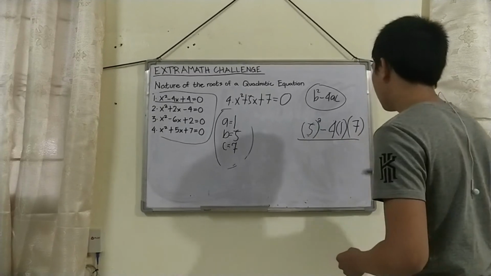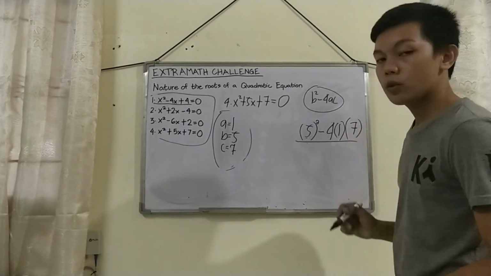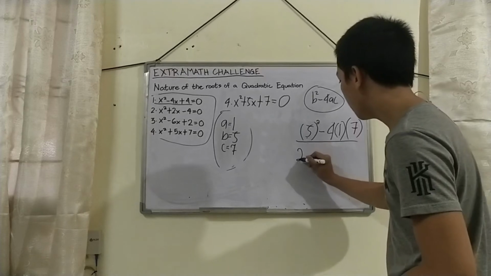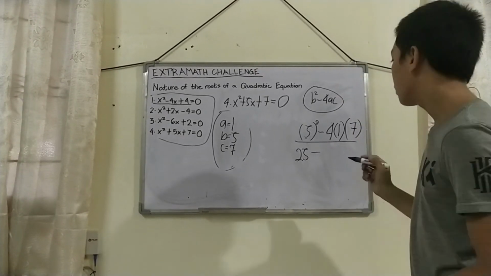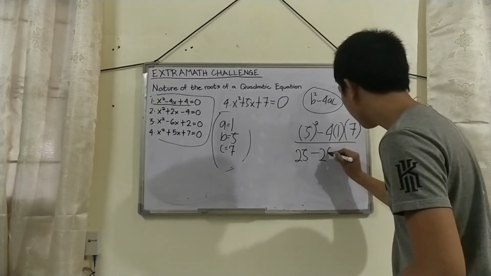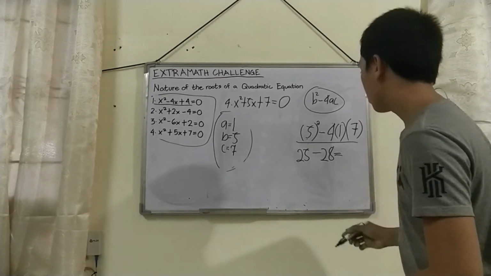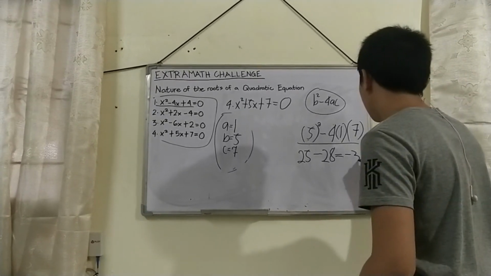So we solve this expression. 5 times 5, or 5 squared, is equal to 25, minus 4 times 1 times 7 is equal to 28. So 25 minus 28 is equal to negative 3.